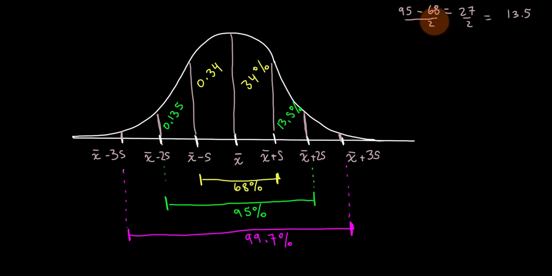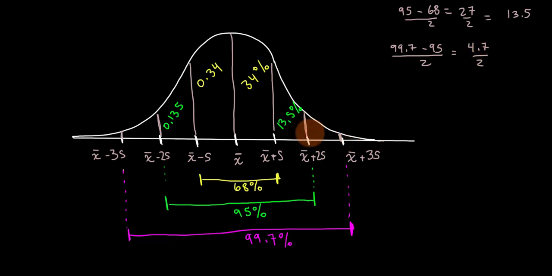It's going to be in a similar fashion like we did up here. We're going to take that 99.7, subtract off that 95, and then chop in half. Because we want these wedges, which is that 99.7% minus, get rid of this 95, which is 4.7.